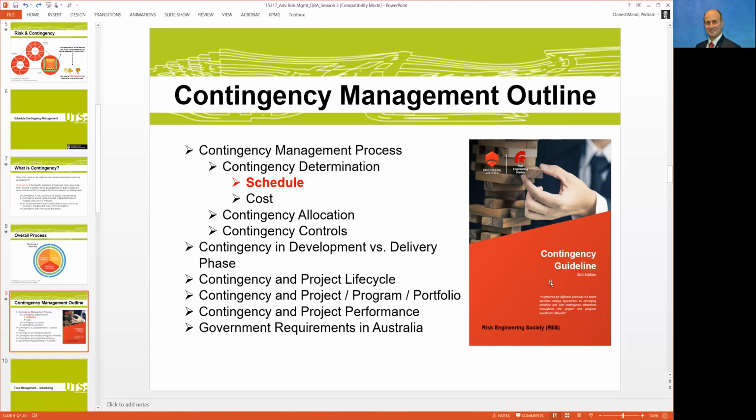These are the different applicable topics. The topic for today is schedule, which is contingency determination for schedule.